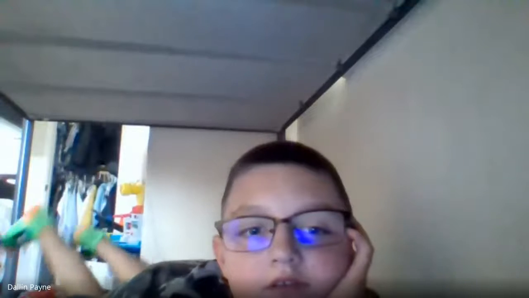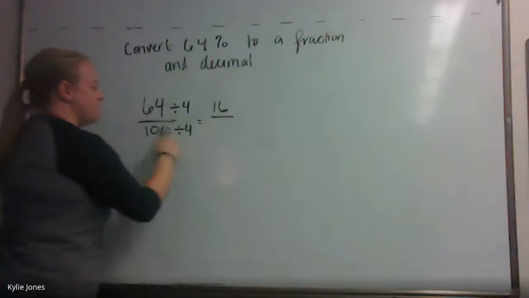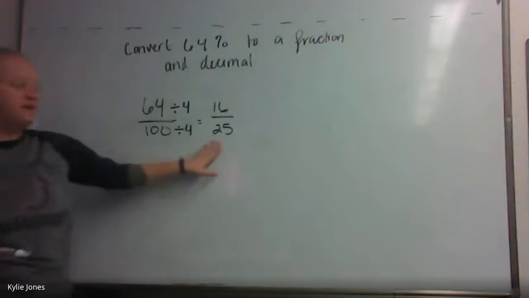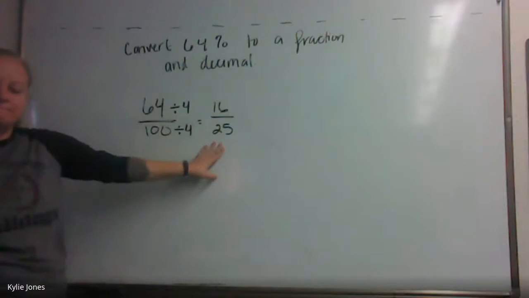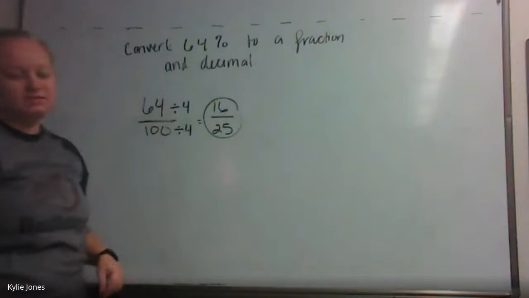What's 64 divided by 4 then? 16. 16 over what's 100 divided by 4? 25. Good. Can I simplify this any further? No. That's our fraction, 16/25.